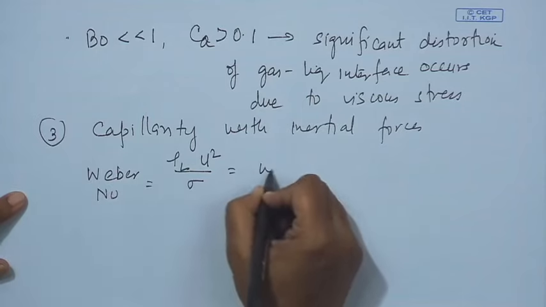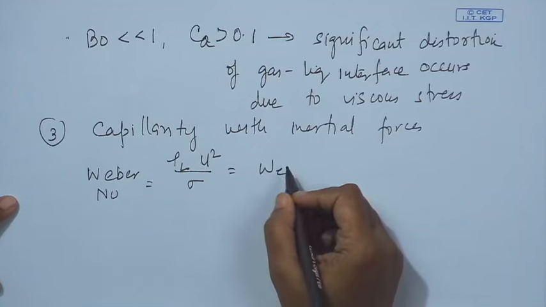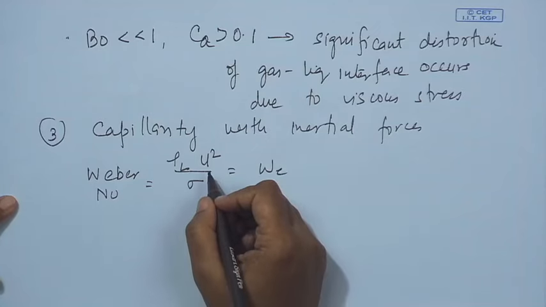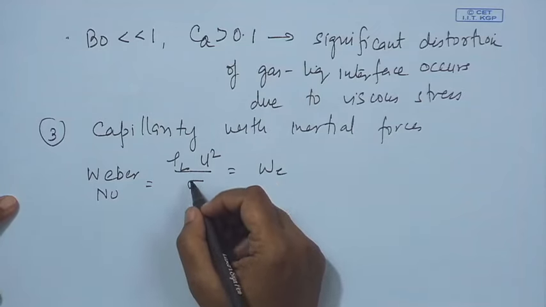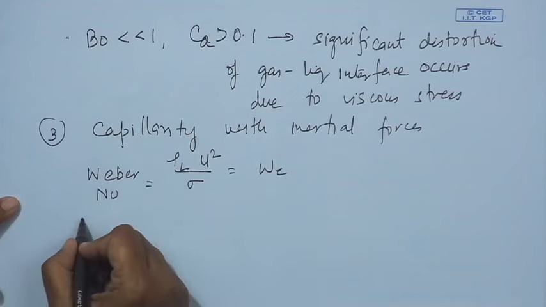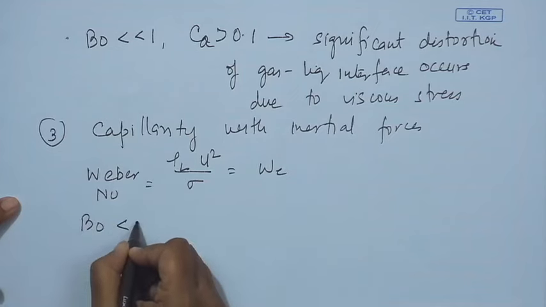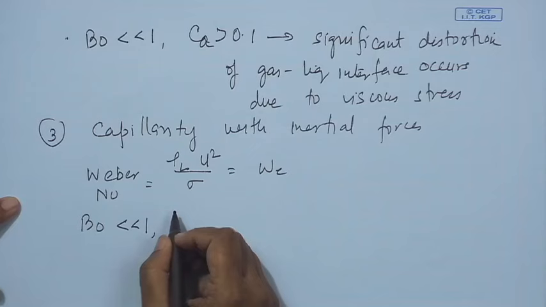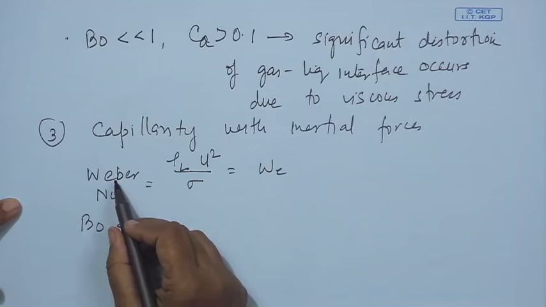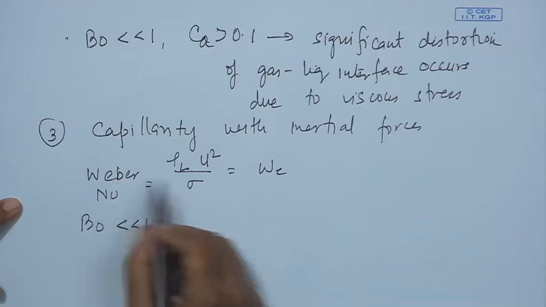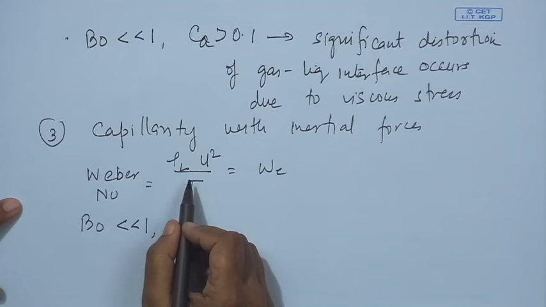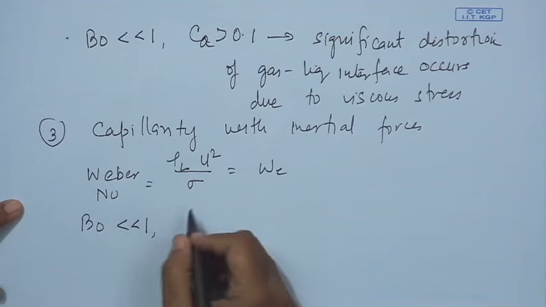I do not know whether you are familiar with this number or not. This gives a measure of inertial effects to capillarity effects. Again, for small Bond number systems, when Bond number is much less than 1 and Weber number is high, what should happen? Inertial forces should dominate and the liquid surface should break up, isn't it?